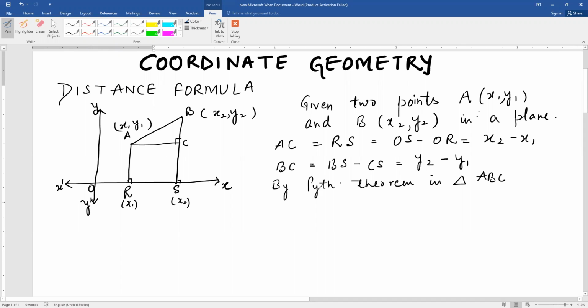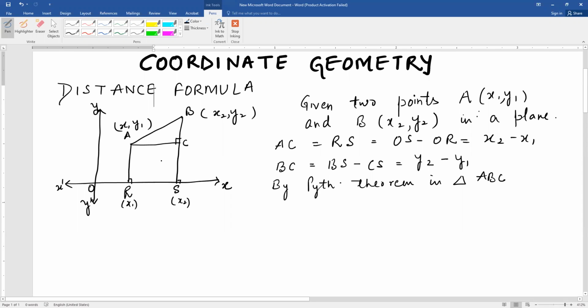AC is equal to RS and R point is x1 point, यानी इसकी पोजीशन जो है R x1 डिनोट करता है और S point x2 डिनोट करता है. That means O से R का distance, OR distance is x1 and OS distance is x2.